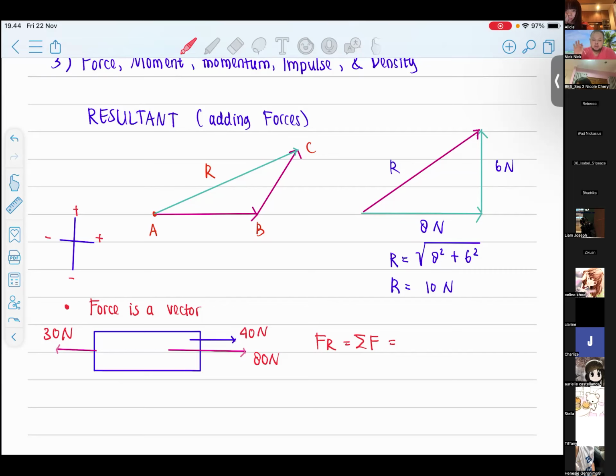If there is weight, going down is positive and going up is negative. Going down, weight is positive, and going up, any force is negative. Do you understand? Thumbs up if you understand. This is the only exception.